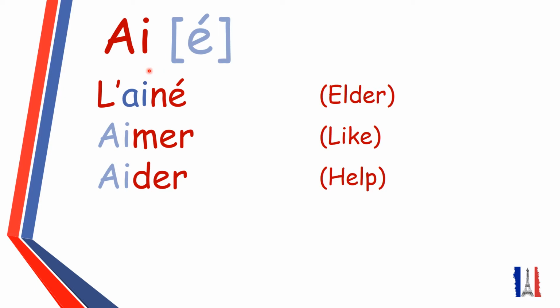Sometimes AI gives the sound é instead of è. Like if it is coming in the beginning of the word, it often gives the sound é: l'aîné, aimer, aider. D'accord?